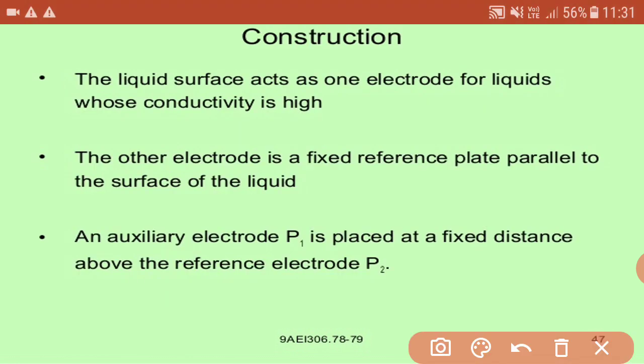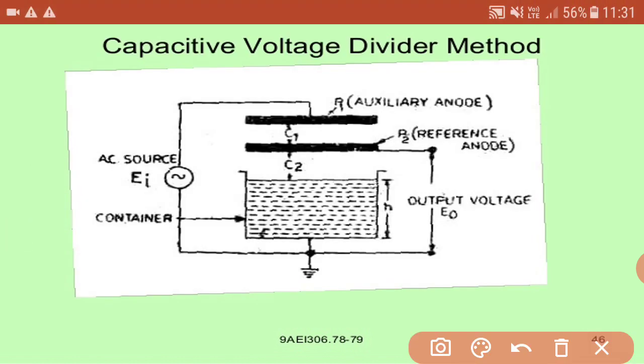Then the other electrode is a fixed reference plate parallel to the surface of the liquid. Here this is P2, the reference electrode, so its distance is fixed. It means it is not moving any side.